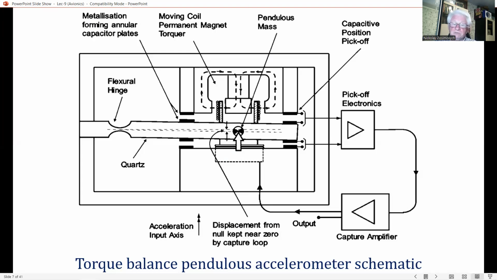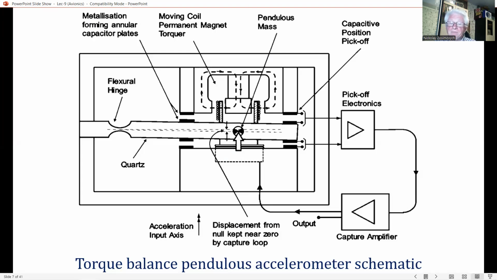A capacitive position pick-off is used to measure the displacement of the pendulum's mass, also referred to as the proof mass or seismic mass, from its null position. Older generation inertial accelerometers generally use inductive pick-off for this function.